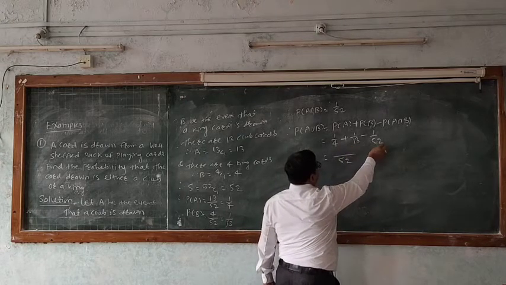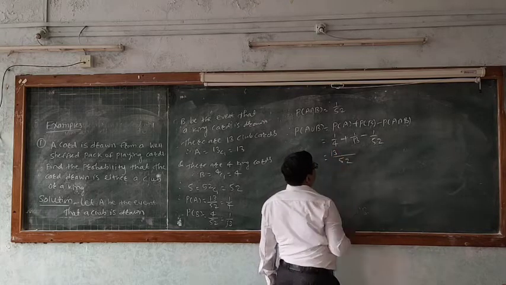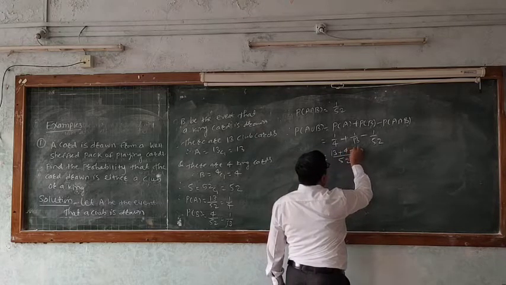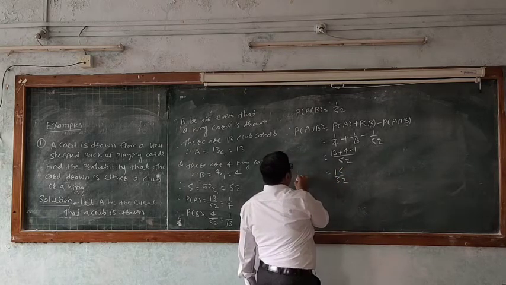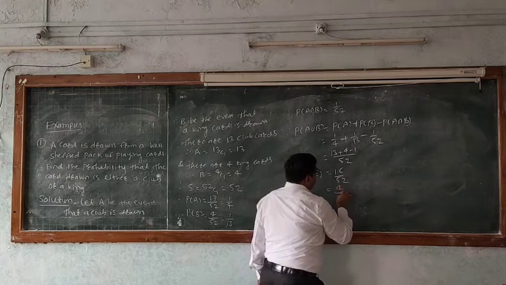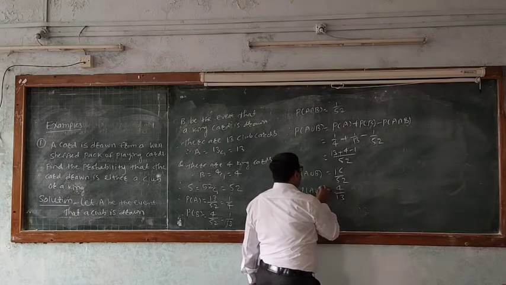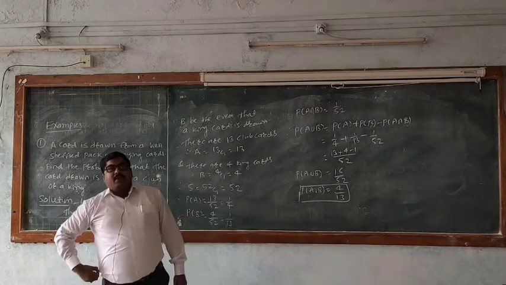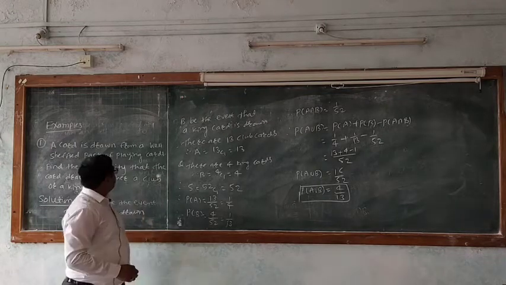So 13 plus 4 minus 1, that is 16 upon 52, and again 4 upon 13. Probability of A union B is equal to 4 upon 13, right? This is the first example.